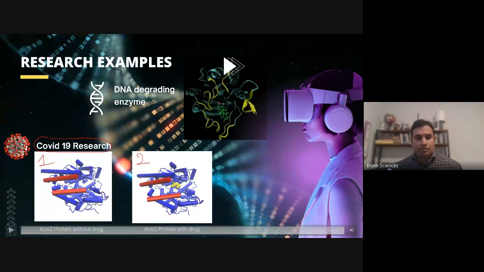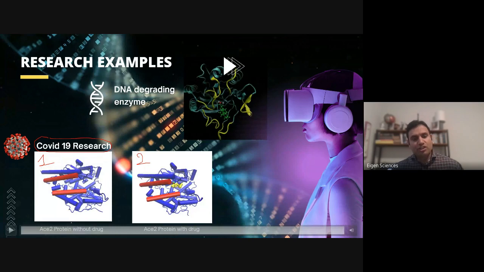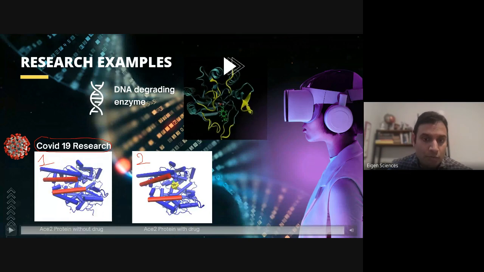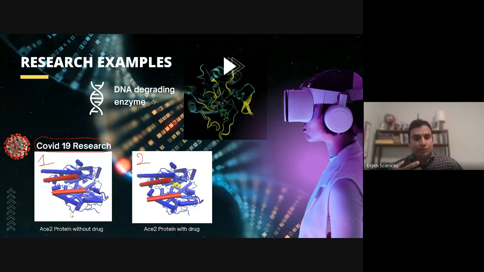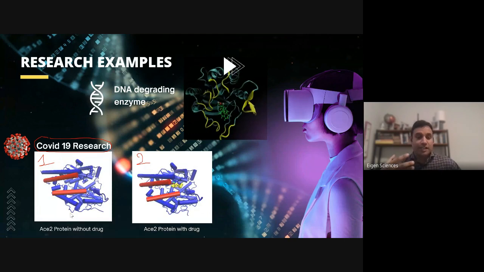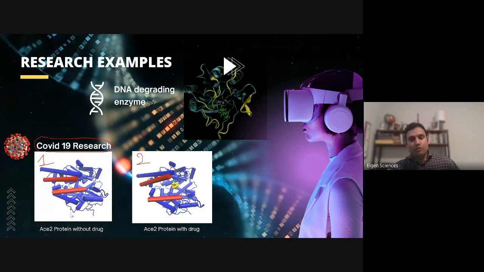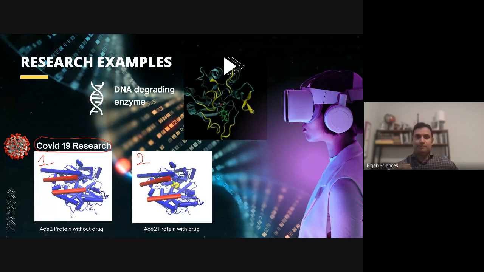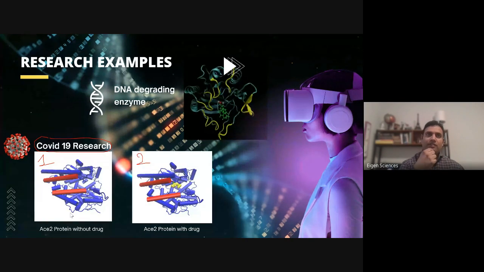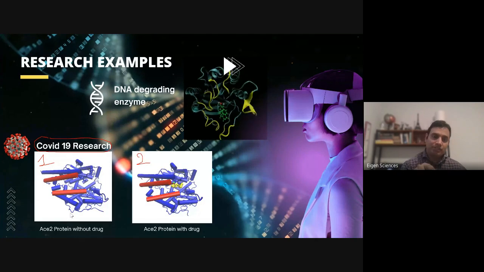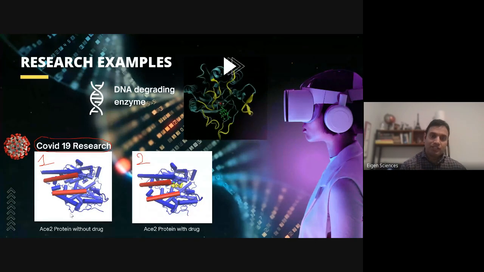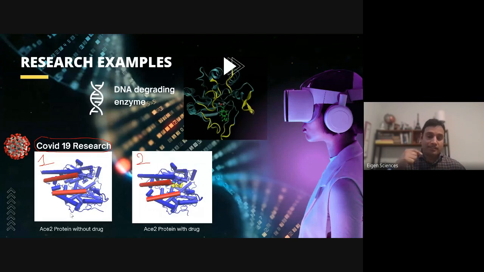This purple color structure is an ACE protein, which is present in our lungs, and these ACE proteins are kind of gatekeepers. When coronavirus enters our body, it goes in our nose and then into our lungs. Then coronavirus binds with this protein. So this protein is very important in coronavirus entry.